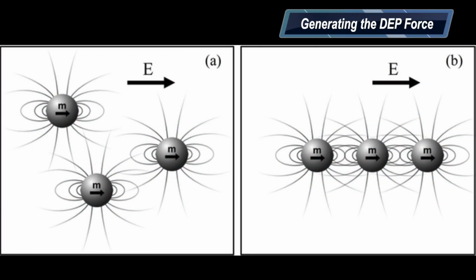So to understand the relative advantages of using a DEP force, we can see in this figure, in figure A, the charges formed on a particle when subjected to an electric field E can be represented as an induced dipole moment M with its associated lines of electric field.